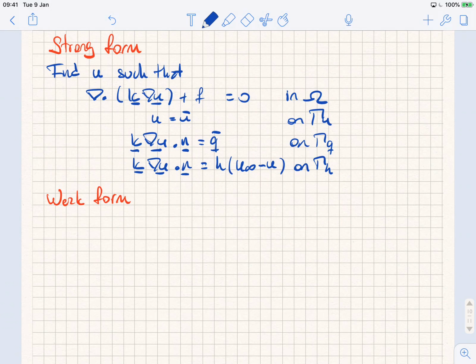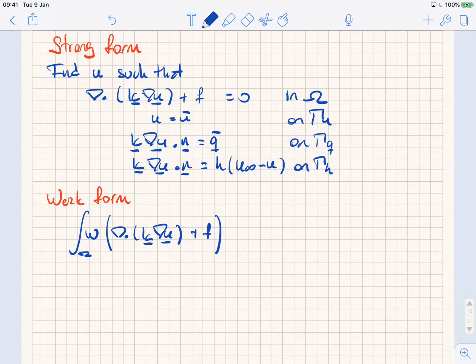Take the integral of the equation. Yeah, so we take the equation, k grad u plus f. And what do we do to that equation? Multiply by a weight function, which is what? A scalar, a vector, a tensor? What is the dimension of my differential equation? Is it a scalar field, a vector field, or a tensor field? It's a scalar field. So I take a scalar.